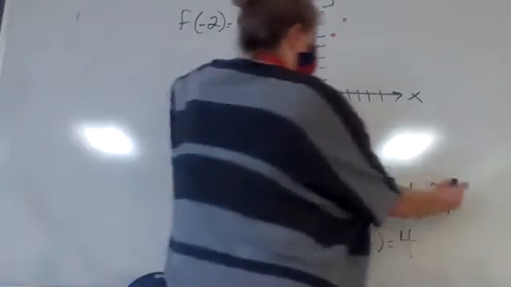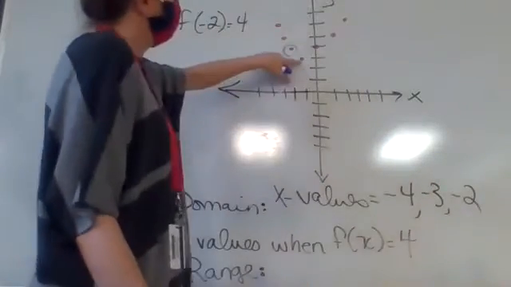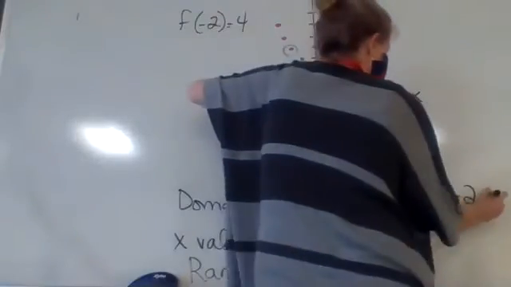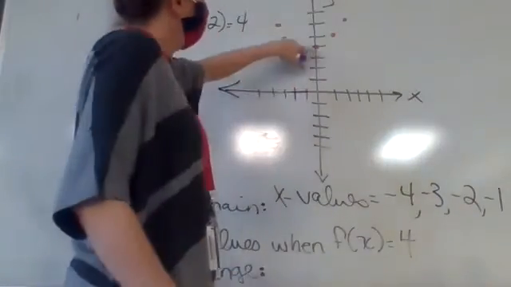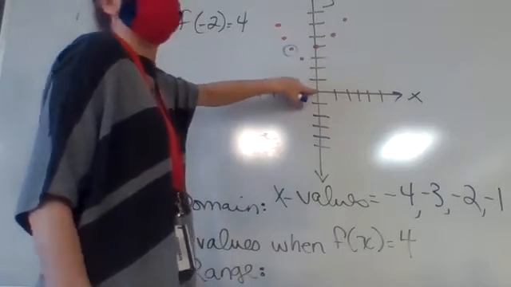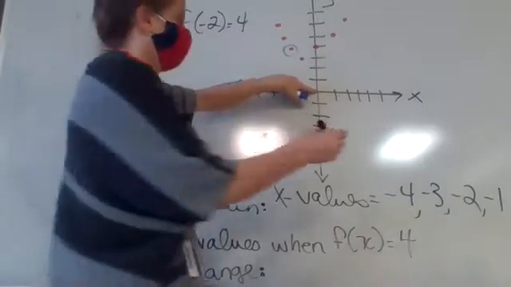Next point, what is this one lined up with? -2. This one's lined up with -1. What is this one lined up with? 0, right?